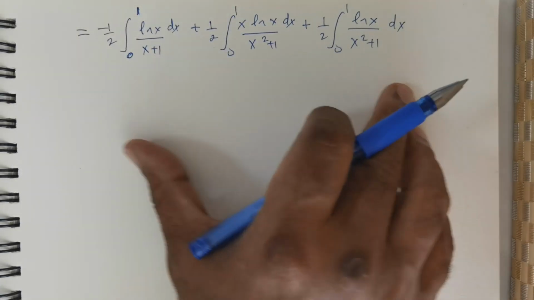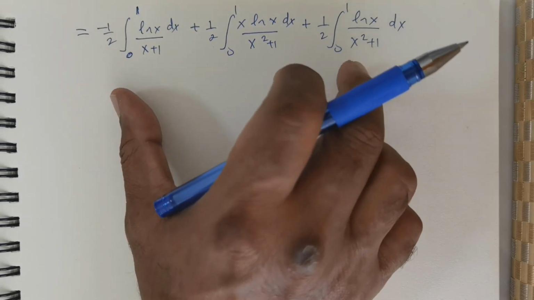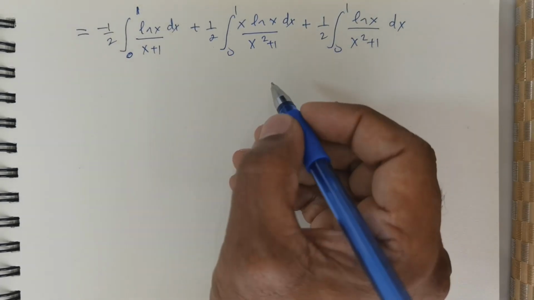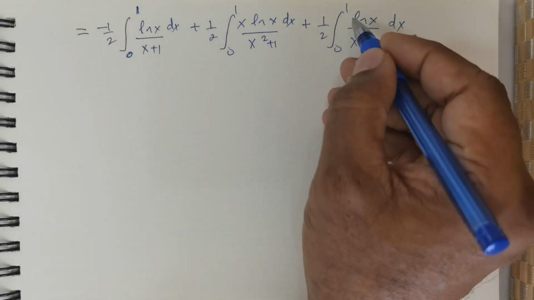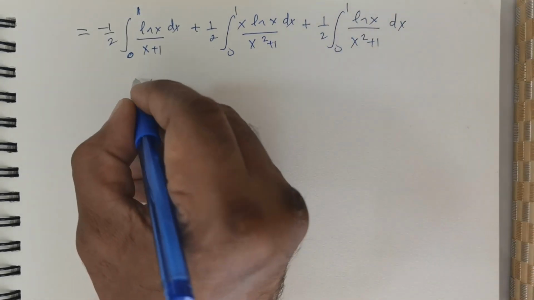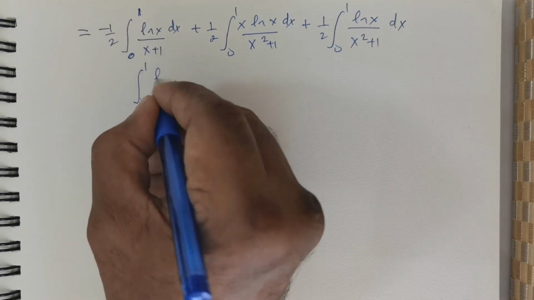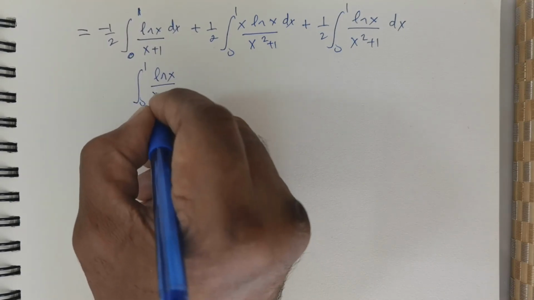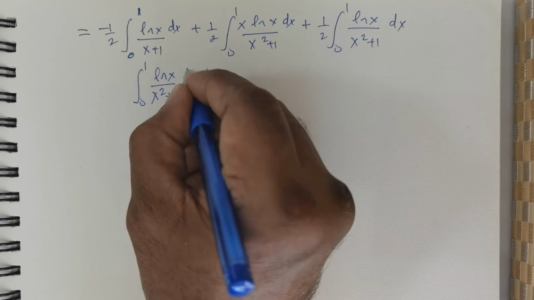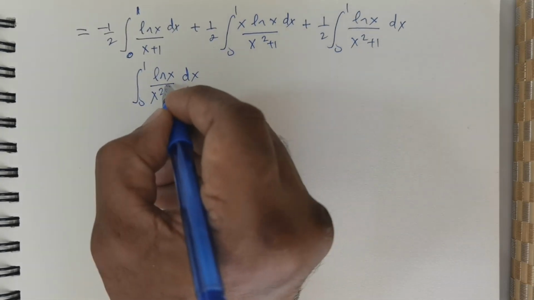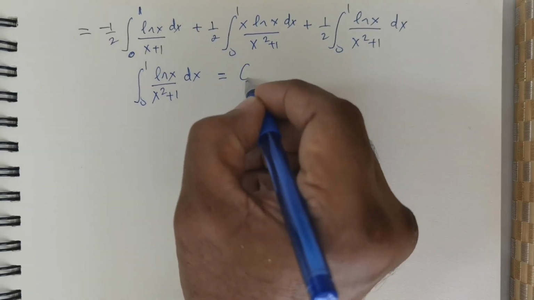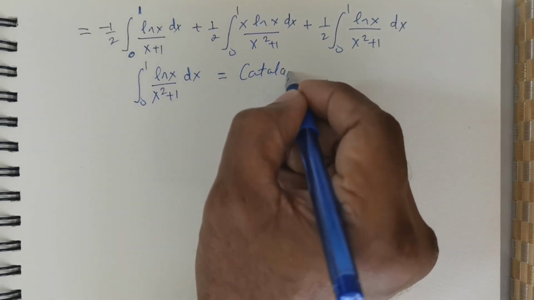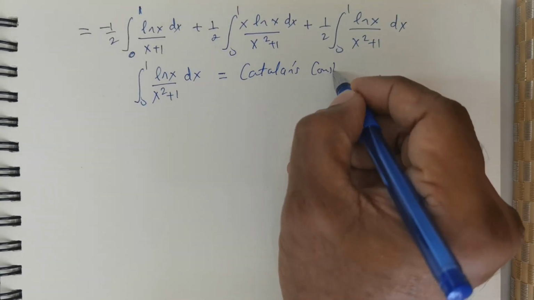So having obtained this, we need to evaluate each of these integrals. Now I would like to begin the integration with this term. The integral from 0 to 1 of ln x over x² + 1 dx is related to Catalan's constant.